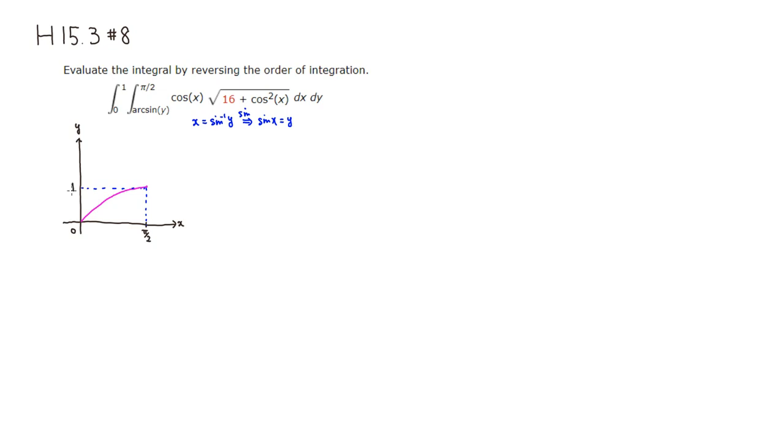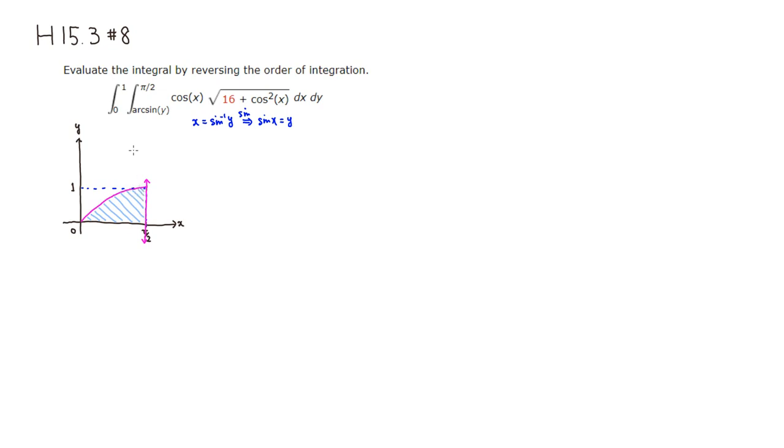The top end is x equals pi over 2, which is this vertical line here. Between those two, y goes from 0 to 1. So the region we are integrating over is this shaded region right here.